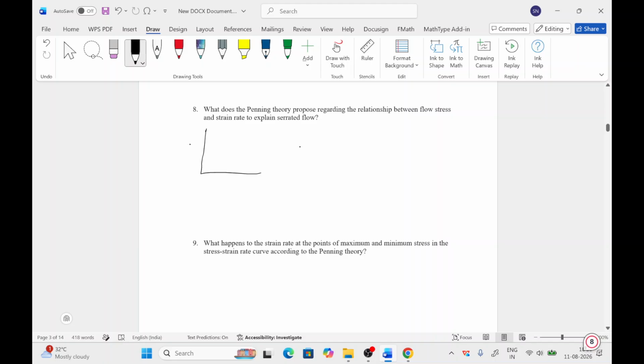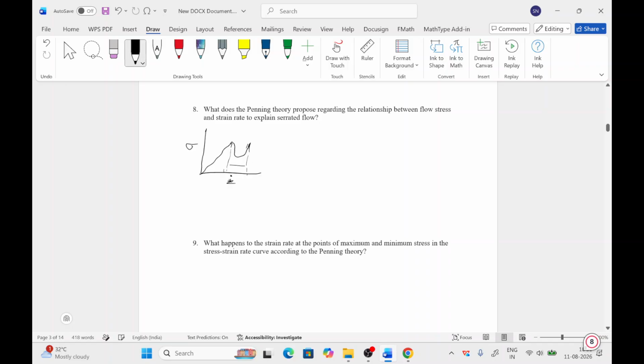So this is the flow stress versus strain rate curve. The dynamic strain aging happens for a certain strain rate range.